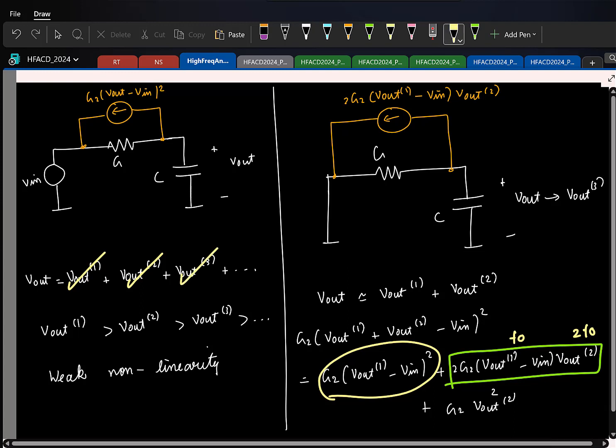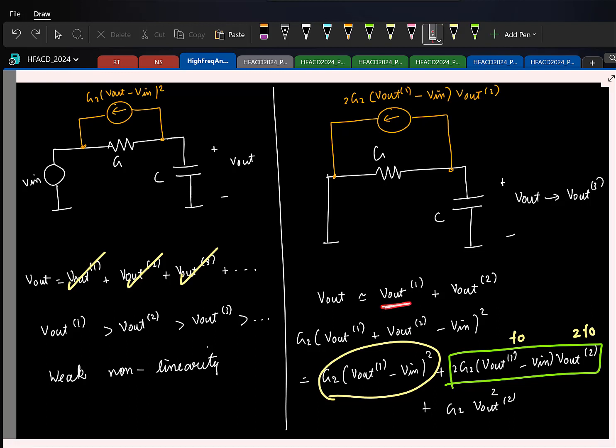So I'll find this, and then you can keep repeating it. The idea is you start with the linear term. From the linear term you get the second order term. From here you get the third order, from here the fourth order, and so on. And typically with the first 3-4 terms you are set, because it's a weak nonlinearity. The first 3-4 terms will capture the nonlinearity for the most part.